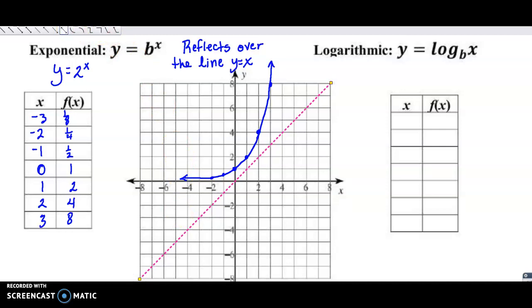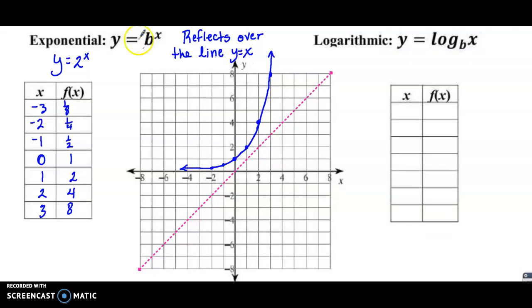So not only does it reflect over y equals x, we also learned with inverses that the x's and y's are switched. So if my x's and y's are switched, when I go over here to y equals log base b, notice I have a base b here and I have a base b here, and we read this y equals log base b of x. Basically what happens is we take these x and y values from our exponential function and they're just switched.